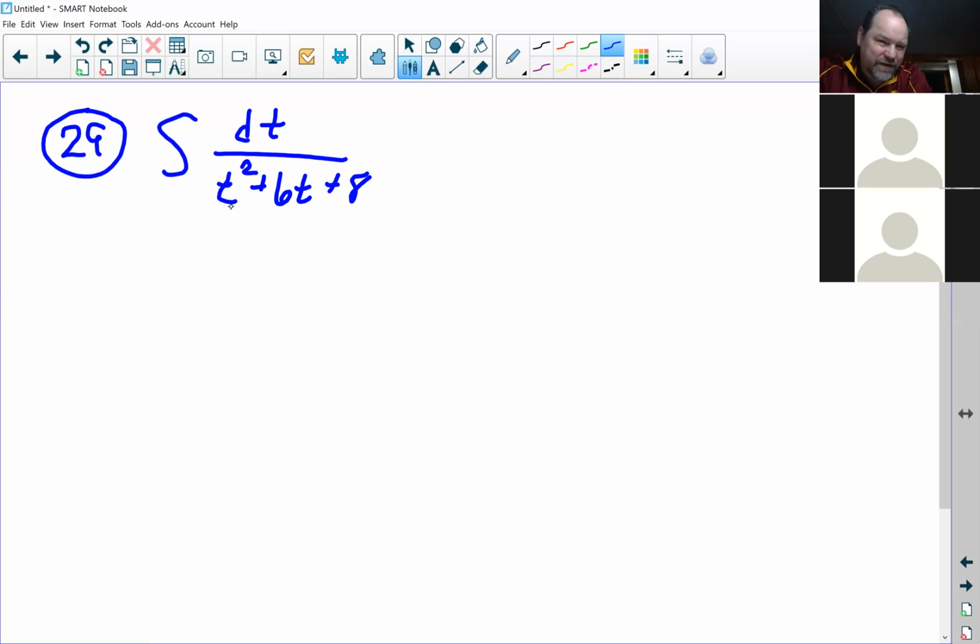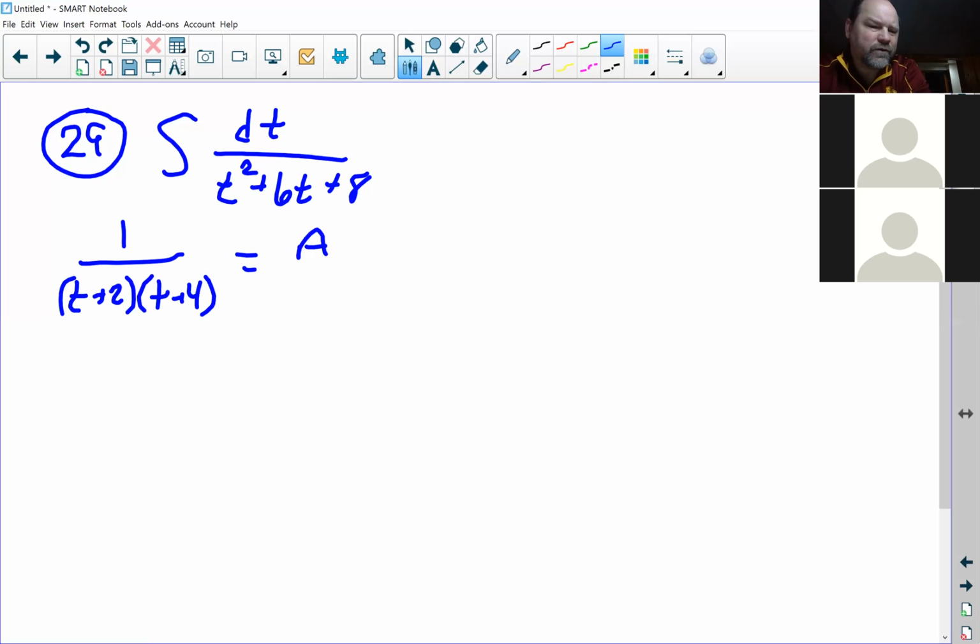Then what I need to look at is my fraction. And this is one that I would use that idea of partial fractions with. So if I factor my denominator, I know that that fraction can be written as something over t plus 2 plus something over t plus 4.